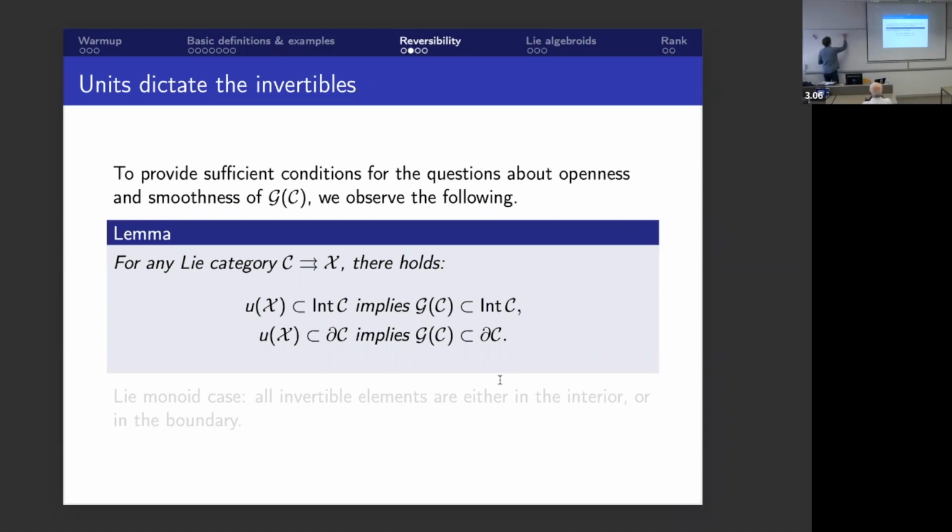Let's take an invertible morphism g. Because g is invertible, L_g, which goes from the source fiber to the target fiber, is a diffeomorphism. And what does it do? It maps the unit at s(g) to g. So if the unit is in the interior of this fiber, then g must be in the interior as well, because this is a diffeomorphism, by invertibility of g.